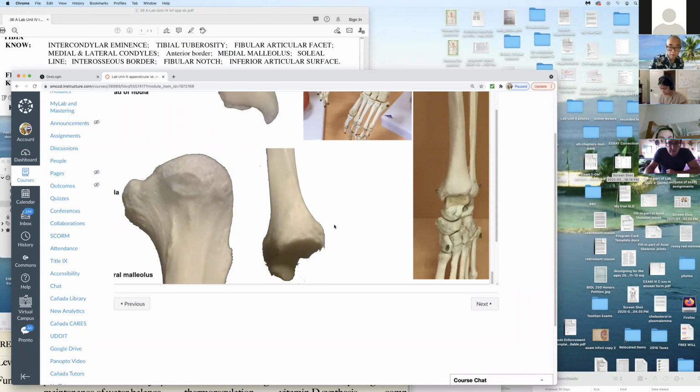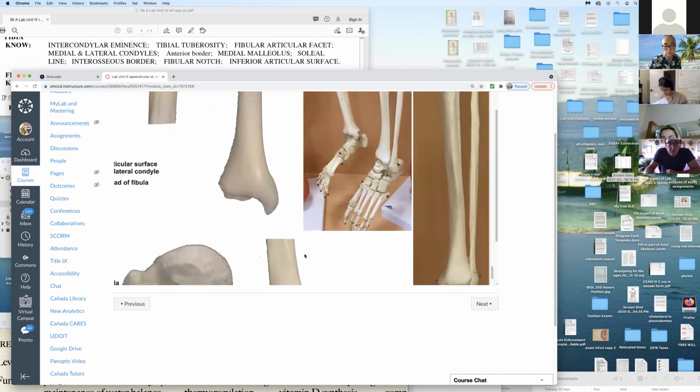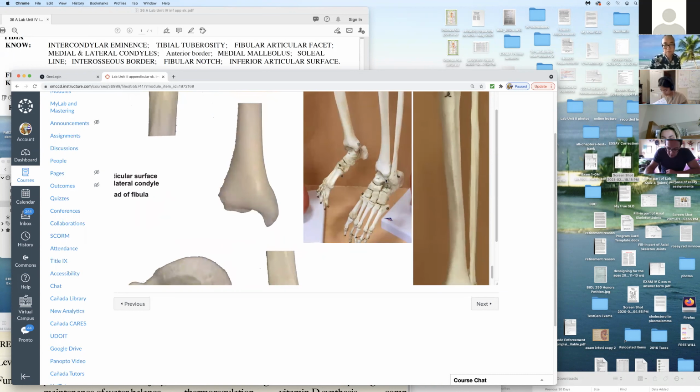Okay, it's the main part where you'll be sending your body weight down to your ankle. And yeah, the ankle joint mostly is going to be referred to as a synovial hinge joint. Okay.